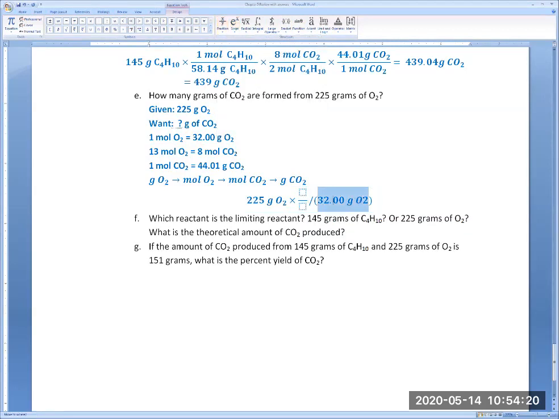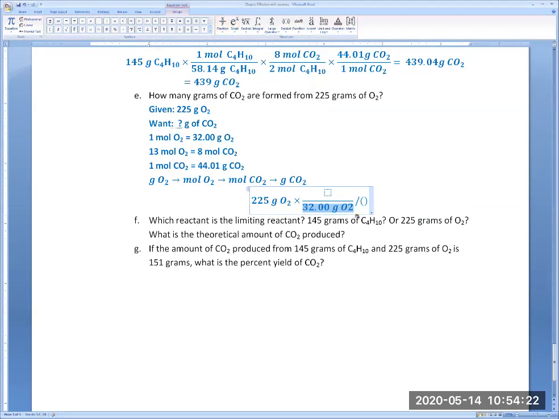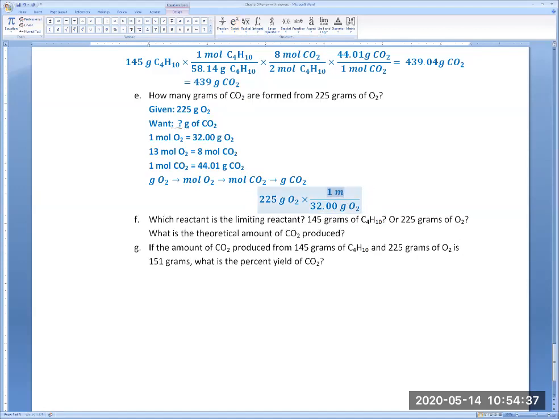Sorry, I have a bit of a hard time with formatting today. O2 here. Remove that. And that. Okay. For 1 mole of O2, I have to write it. It works better. Okay. So we've used the molar mass here as a conversion factor to change grams of O2 to moles of O2.